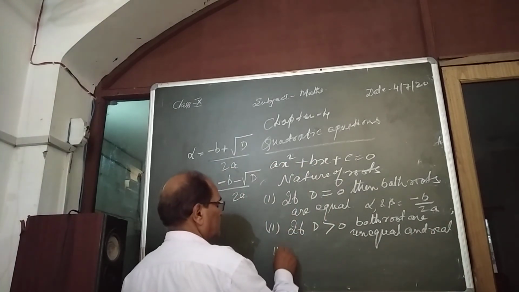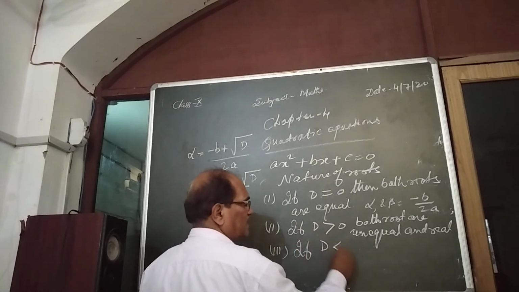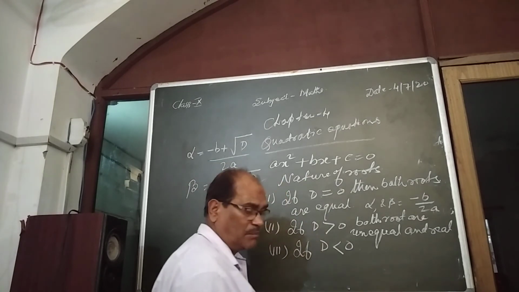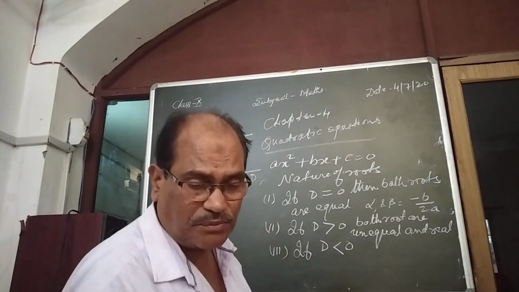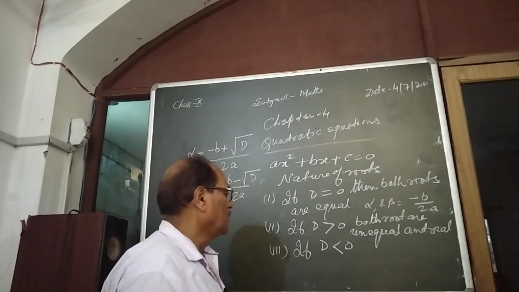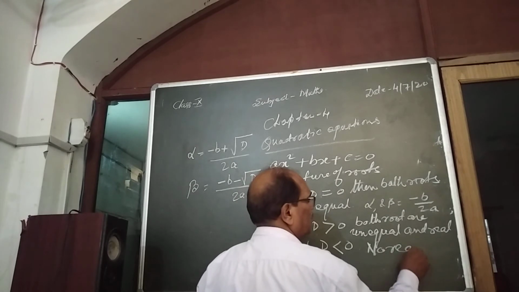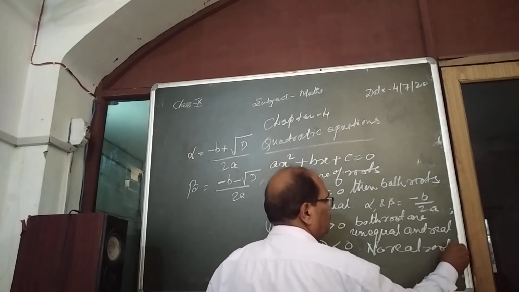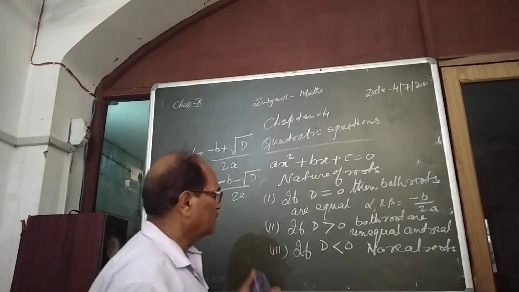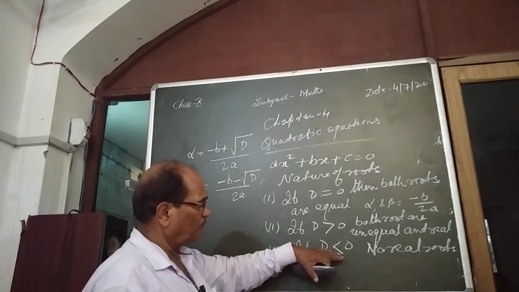Third one, if discriminant is less than 0, means a negative number. After solving b square minus 4ac, it will become negative, that is, no real roots. If there are no real roots, you need not solve, and in the higher classes, in class 11, we start from this point.